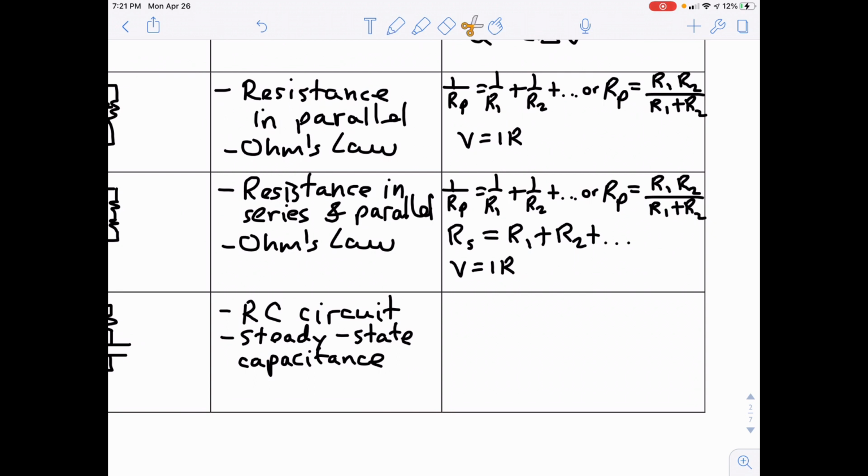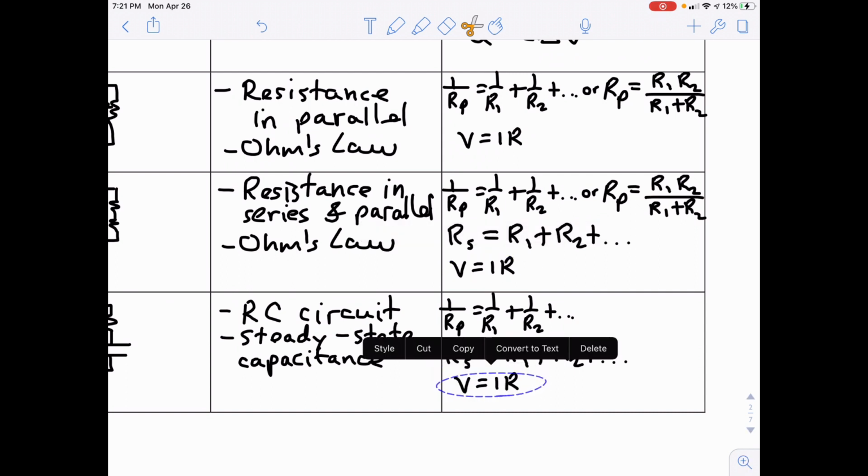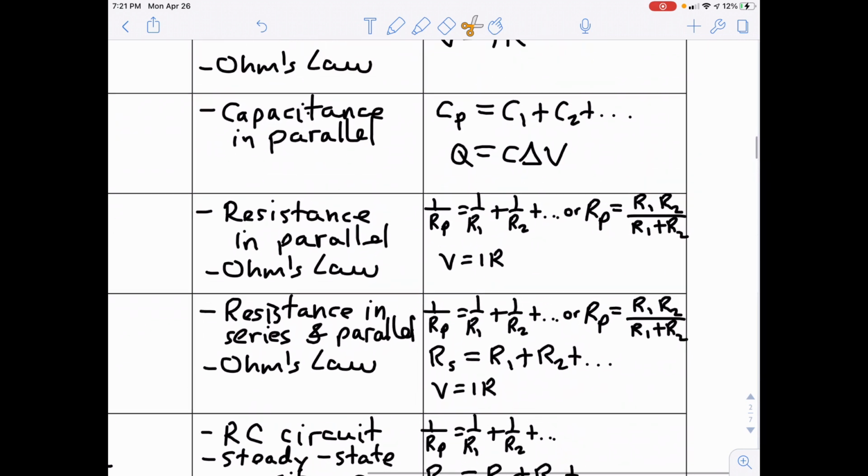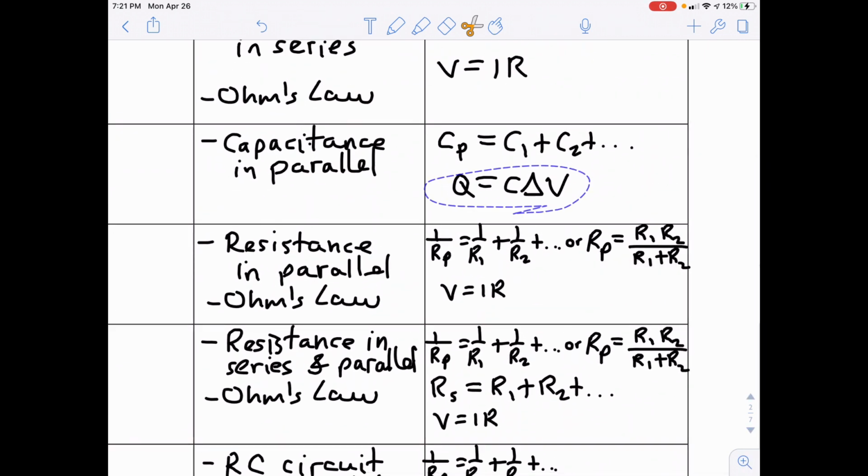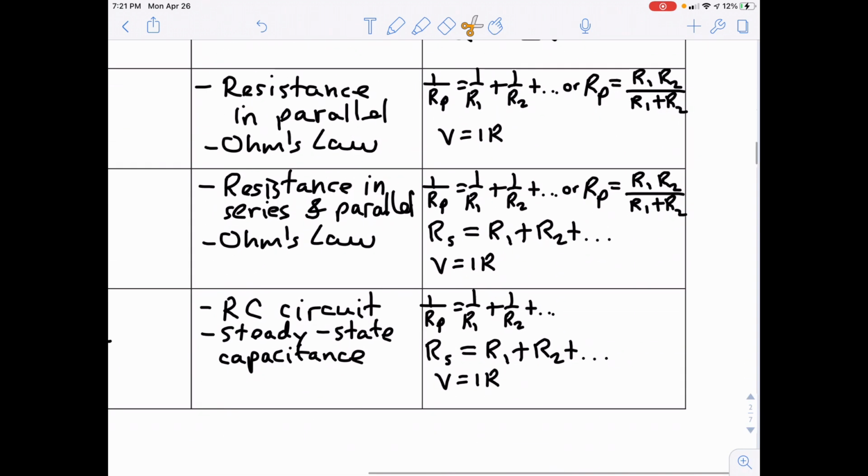And from that, we need equivalent resistance formulas. We need Ohm's law. Okay, and we need the equation for charge across capacitor.